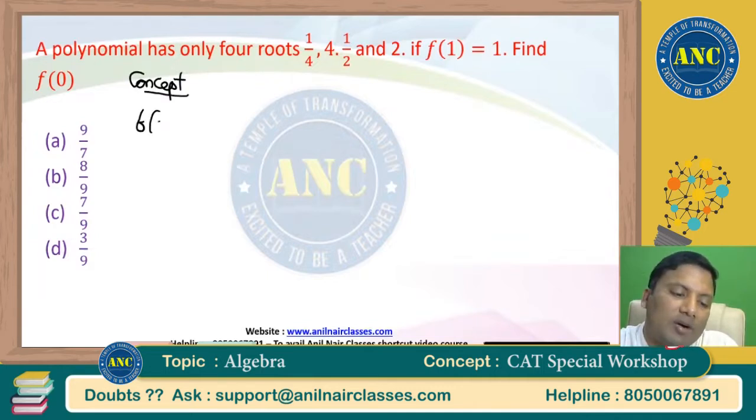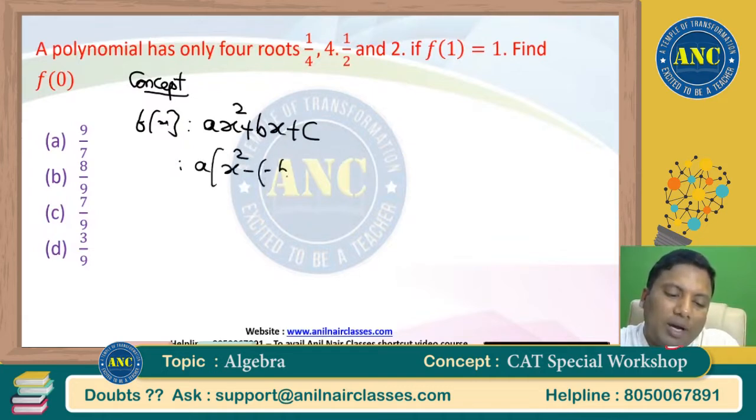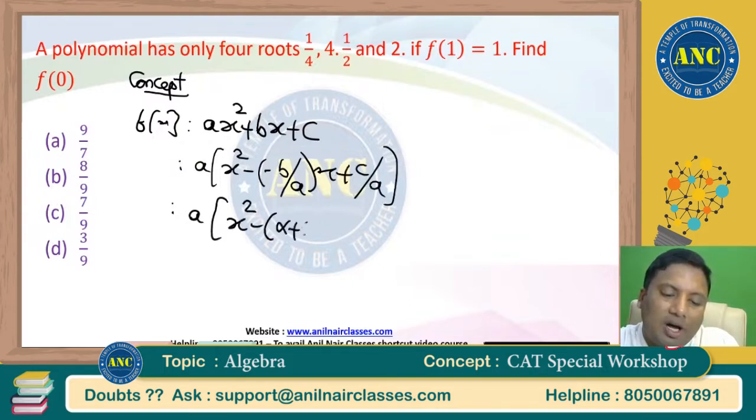Suppose there is a quadratic function, f of x is ax square plus bx plus c. This can be written as a into (x square minus of minus b by a x plus c by a). This is nothing but a into (x square minus of alpha plus beta into x plus alpha beta).